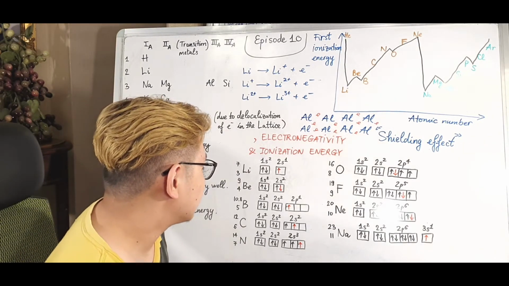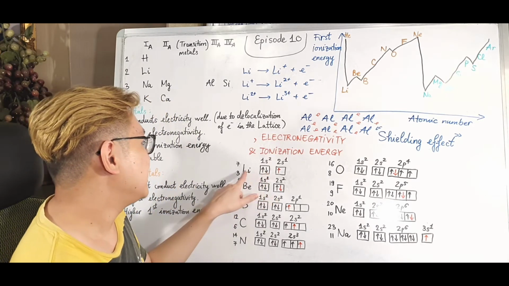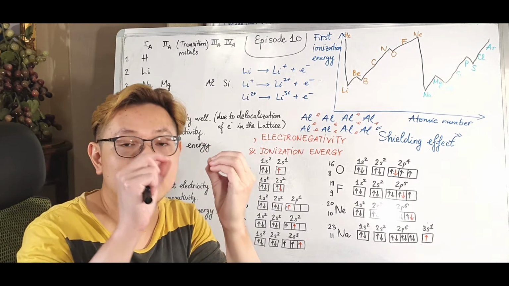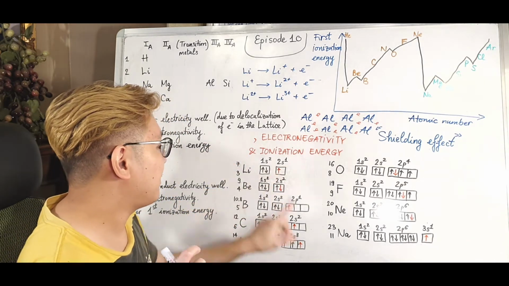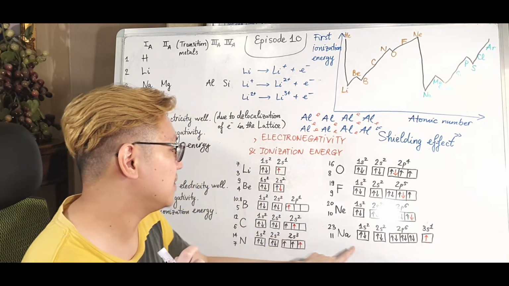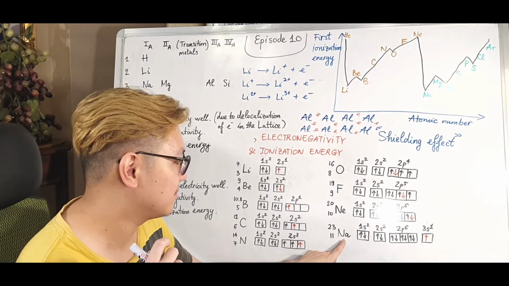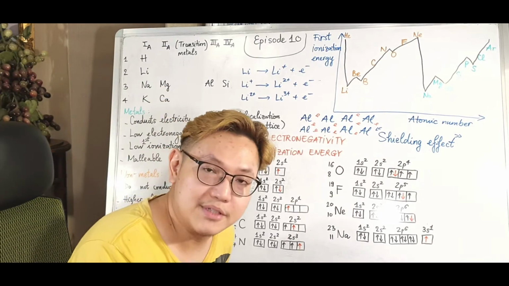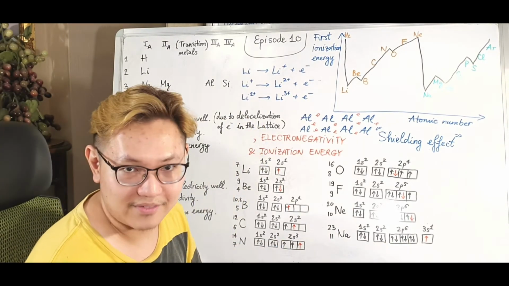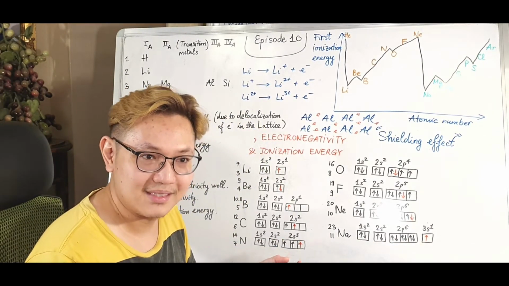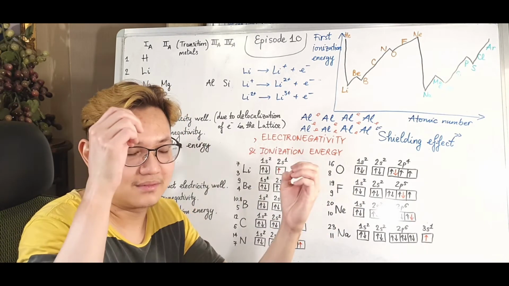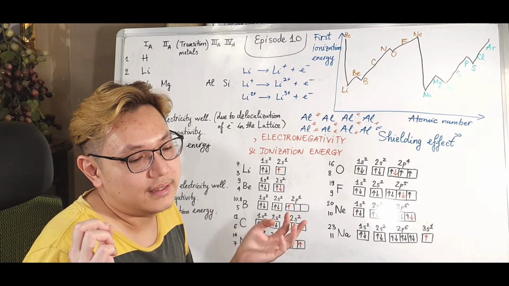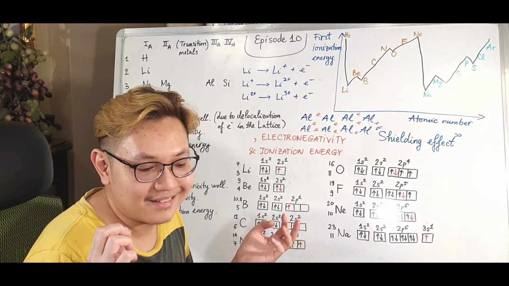Think about this. For lithium, 2s1, this electron is very near to the nucleus, isn't it? Compared to this electron, which is further apart from the nucleus of sodium. Nuclei are positively charged, and electrons are negatively charged, right? So they attract each other. However, if they are further apart, the interaction is weaker.